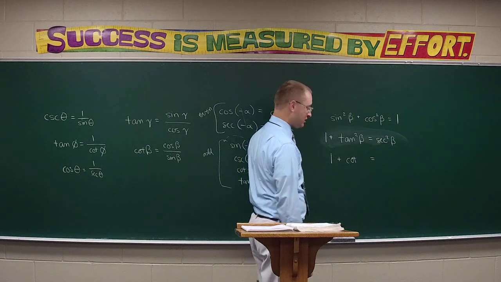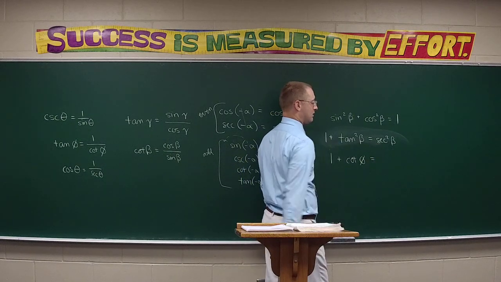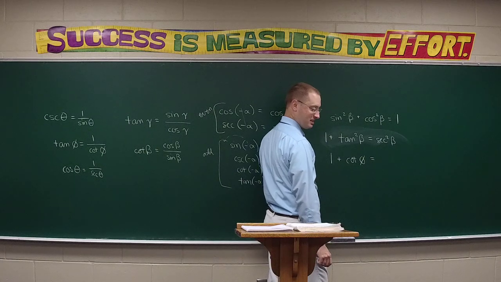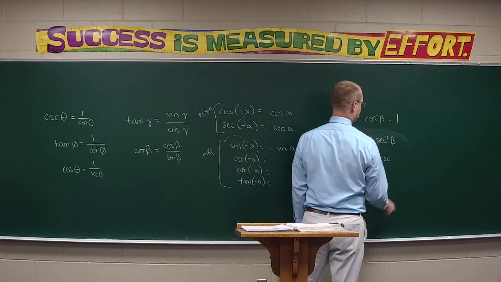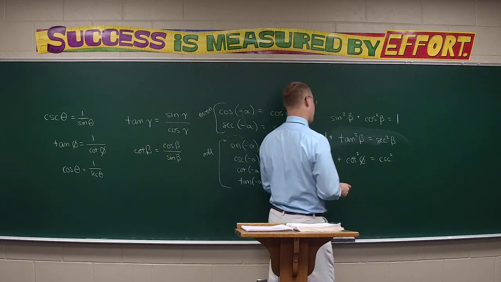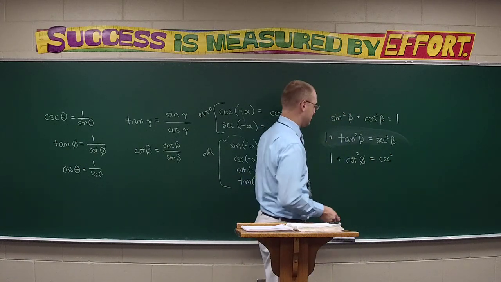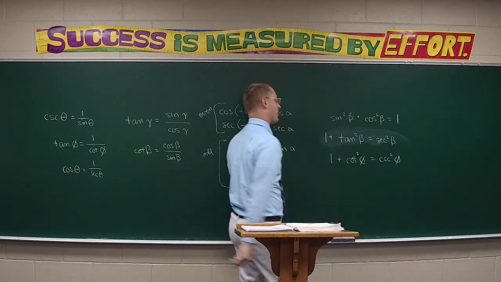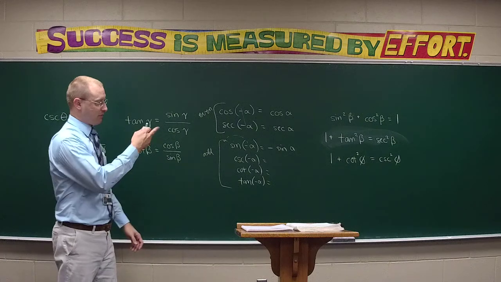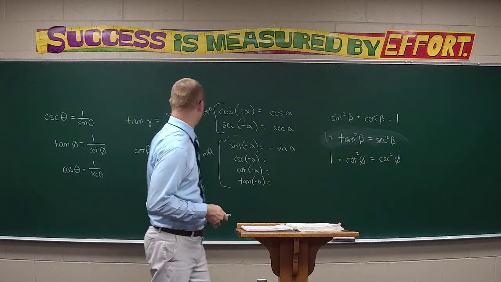Oh, cotangent phi equals cosecant squared. Oh, it's cotangent squared. And 1 squared. Well, we don't have to do 1 squared. And cosecant phi. There we go. All right, it's painful, but we got it. 1 plus cotangent squared equals cosecant squared of whatever phi, beta, alpha, gamma, theta you want to use.